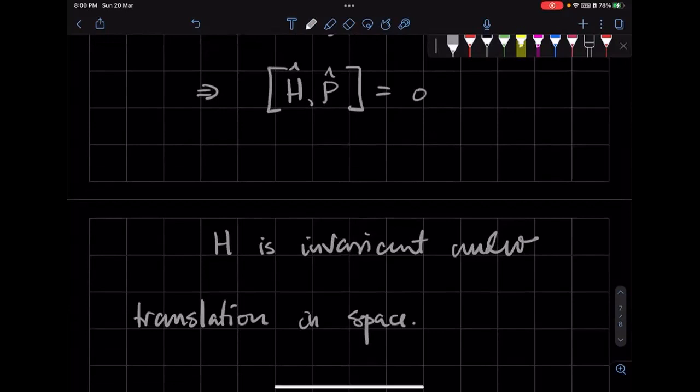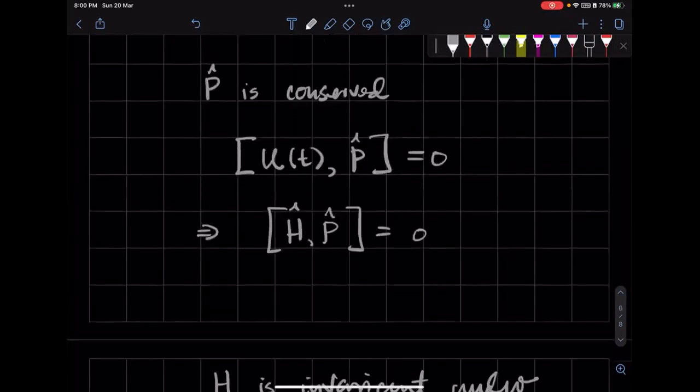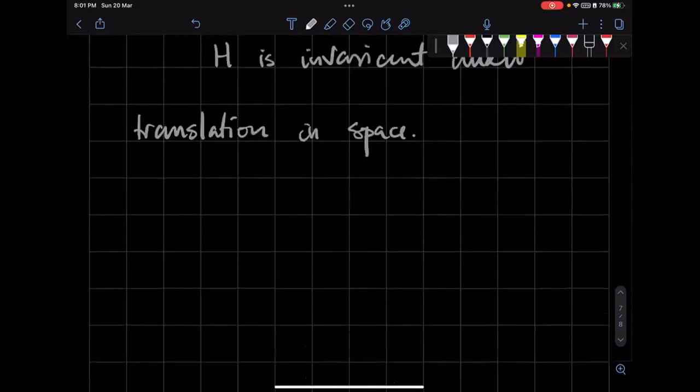If you take a system and translate it in space, that is a symmetry of your system, and then the momentum is conserved. This is an example of Noether's theorem.